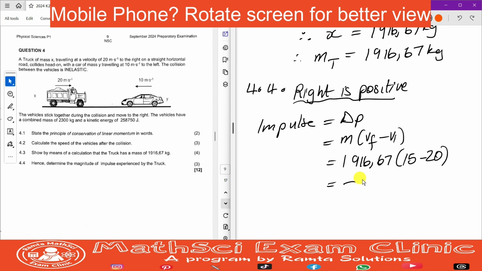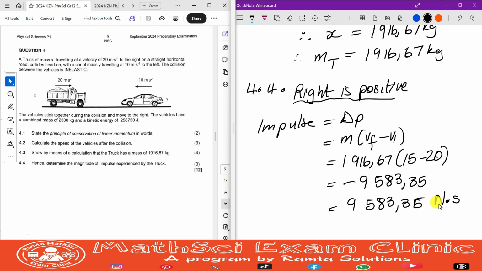We get minus 9,583.35. Therefore, our answer is 9,583.35. Be careful because this is impulse. You can say newton second. Even if you write the units as kilogram meters per second, it's still okay. The reason I'm leaving it like this without giving direction is because the question said magnitude.